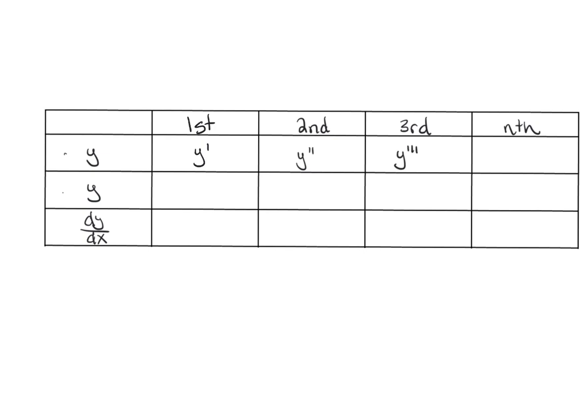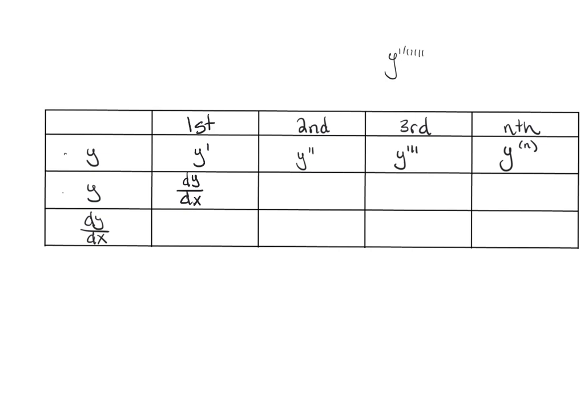And then if we're going anything higher than that, instead of putting a million primes, it'd be y to the power n in parentheses, the n representing whatever derivative you're taking. Now, with y, usually we're dealing with dy/dx. The first derivative we're familiar with, dy/dx.